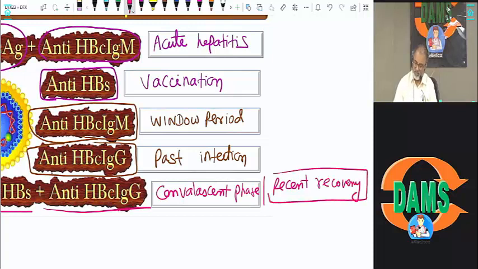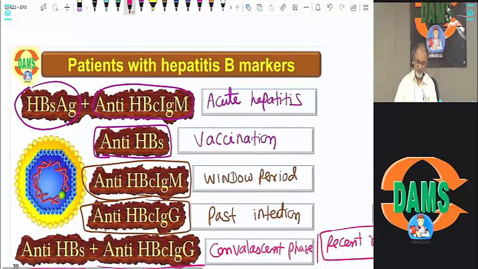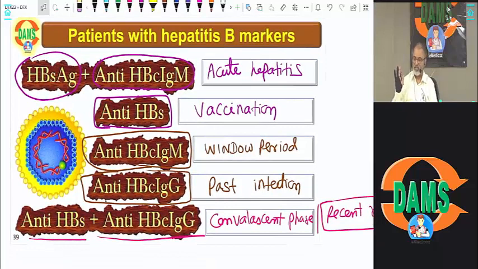Very important, my dears. Definitely you may get a question on hepatitis. So always remember, hepatitis one question will come, media one question will come, hypersensitivity one question will come, vectors, one question will come. Like that, you classify 5 to 7 topics, 7, 8 questions will be there, sure.